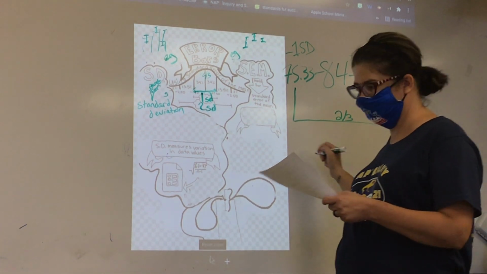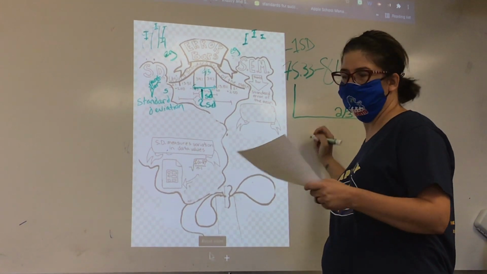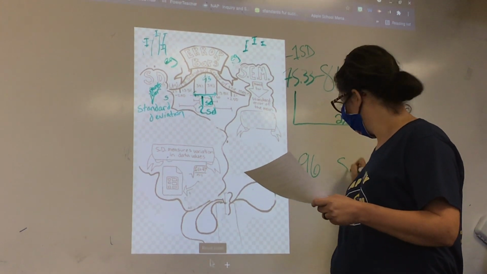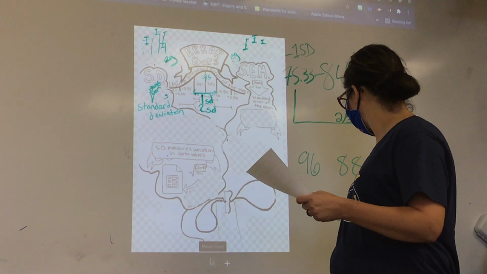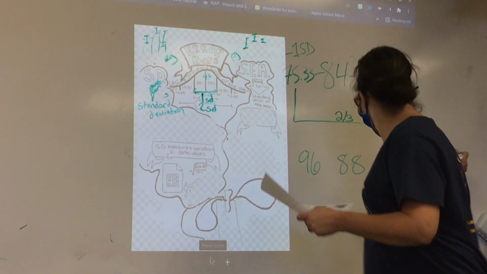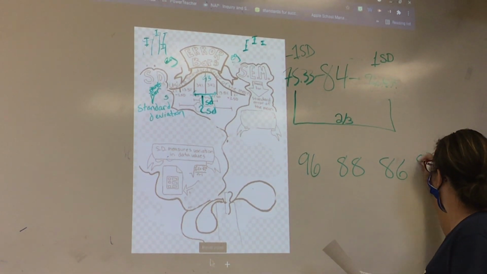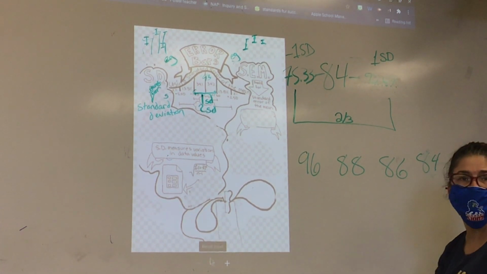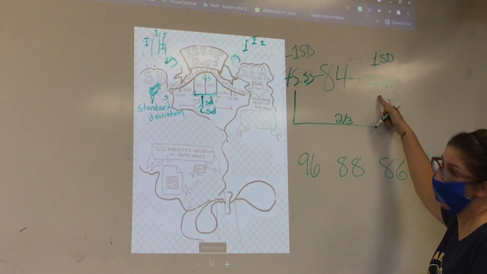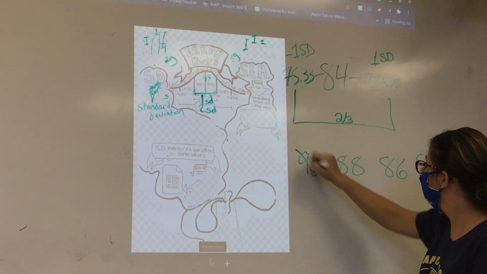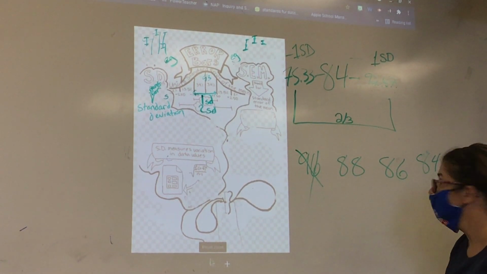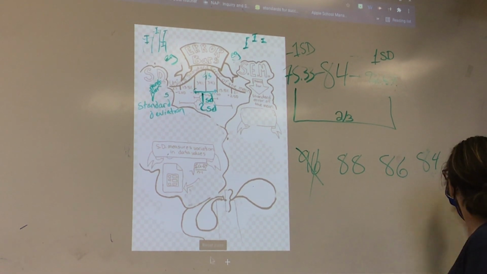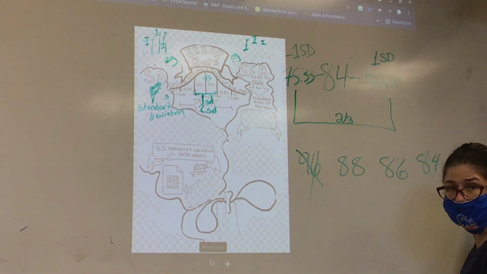Look at them. Is 96 between these two values? These are our X values from the practice problems. Is 96 between 75.33 and 92.67? No. Is 88? Yes. Is 86? Yes. Is 84? Yes. Is 80? Yes. Is 70?